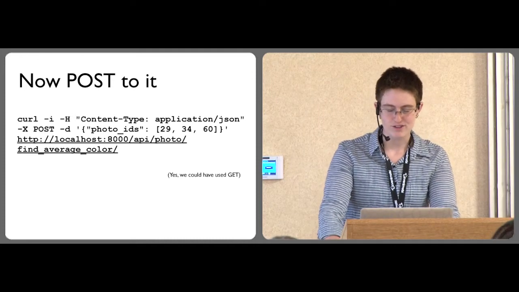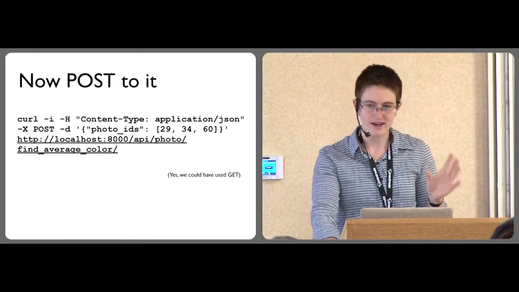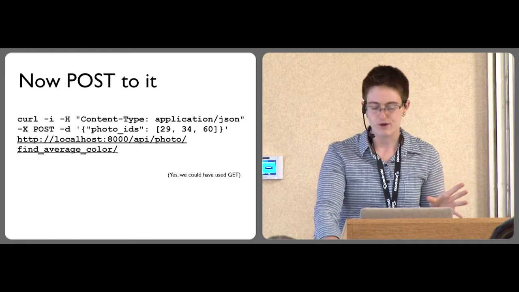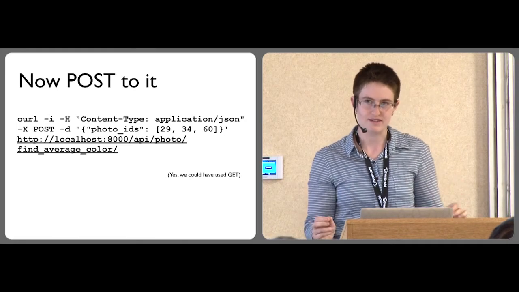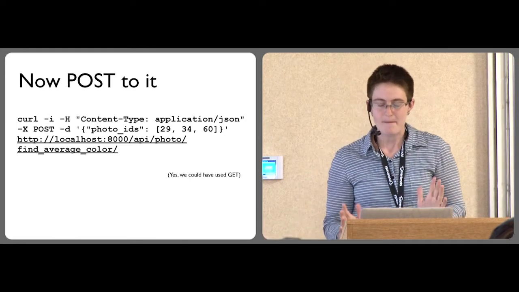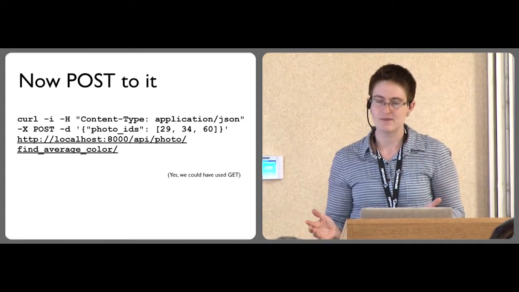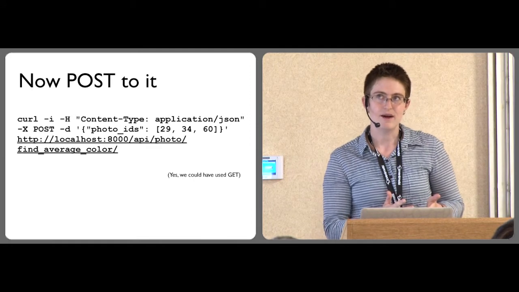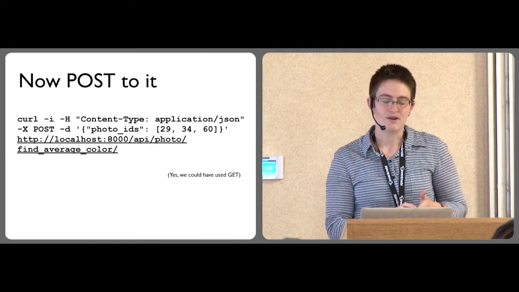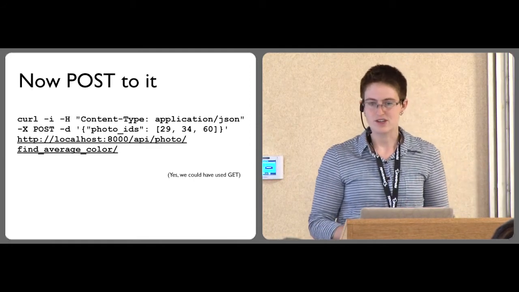And in fact, you could do this if instead of POST, you said I want a GET request, and I'm just going to say my photo IDs parameter is going to have a comma-separated list, 29, 34, and 60. Yes, that would work. I wanted to explore this way of doing things because I found use cases where you end up having quite complex objects that you want to do calculations on.